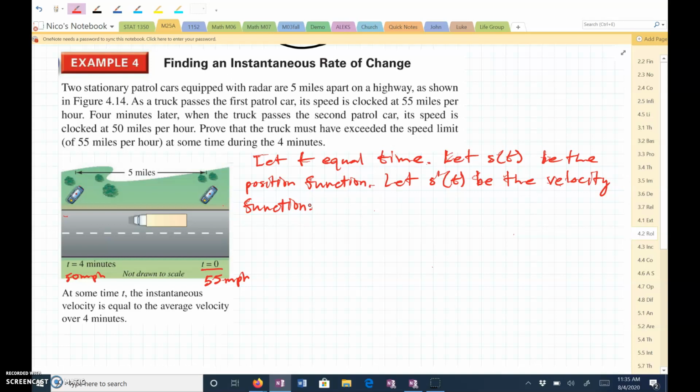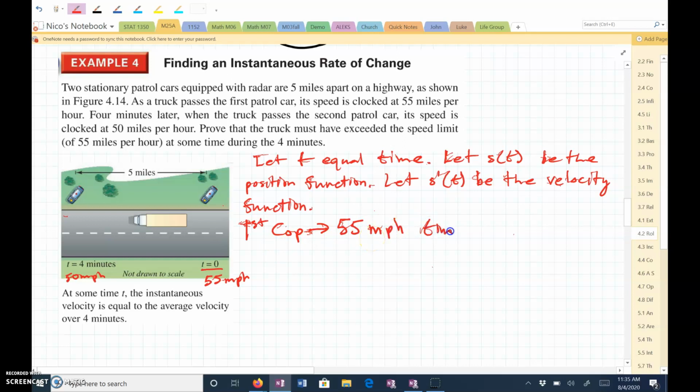Okay, the velocity function tells you the speed at any particular time. Alright. So notice when the truck passes the first cop car, the truck's going 55 miles per hour.